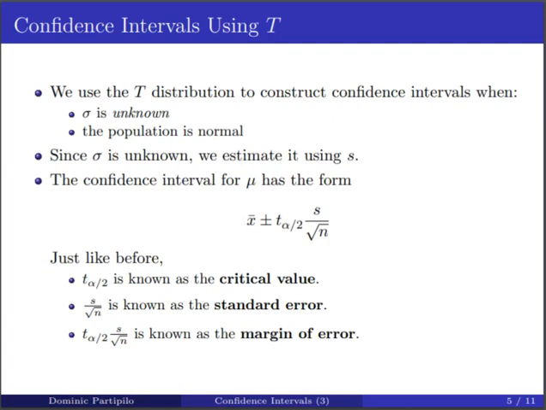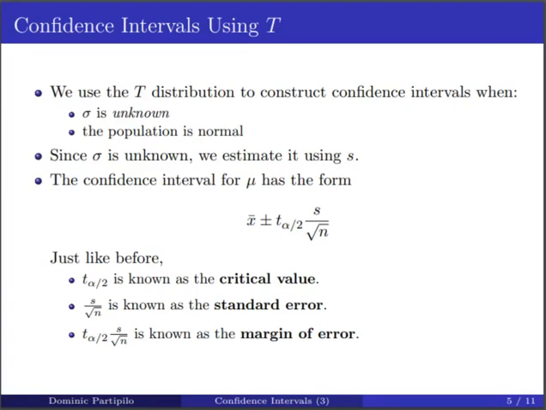So what that means is, as long as the population is normal, then we could also handle smaller sample sizes. So since sigma is unknown, what we're going to do is we're going to estimate it using s. And remember, s was the sample standard deviation.